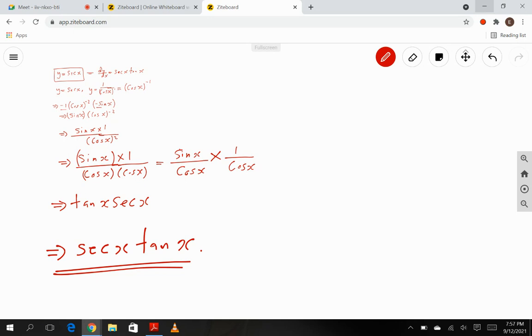So that's basically about the trigonometric differentiations.